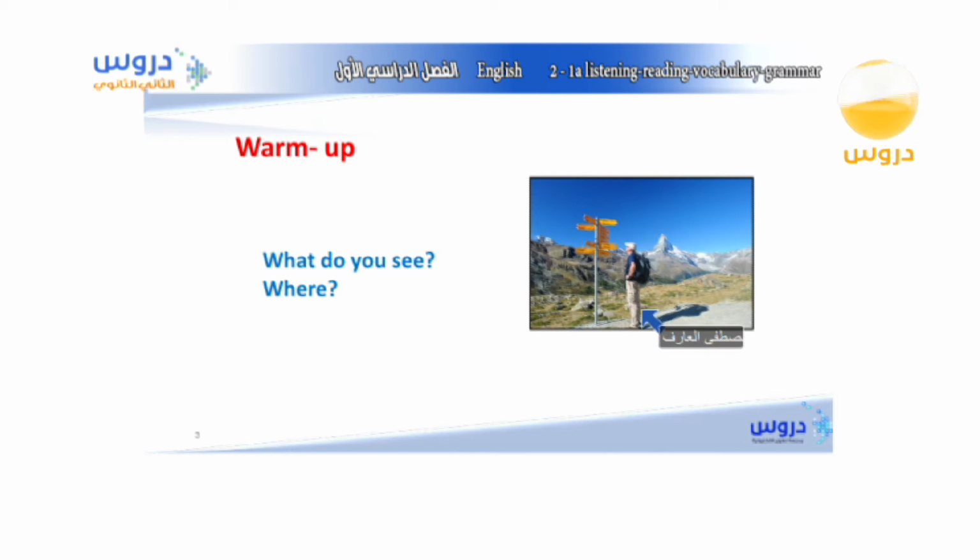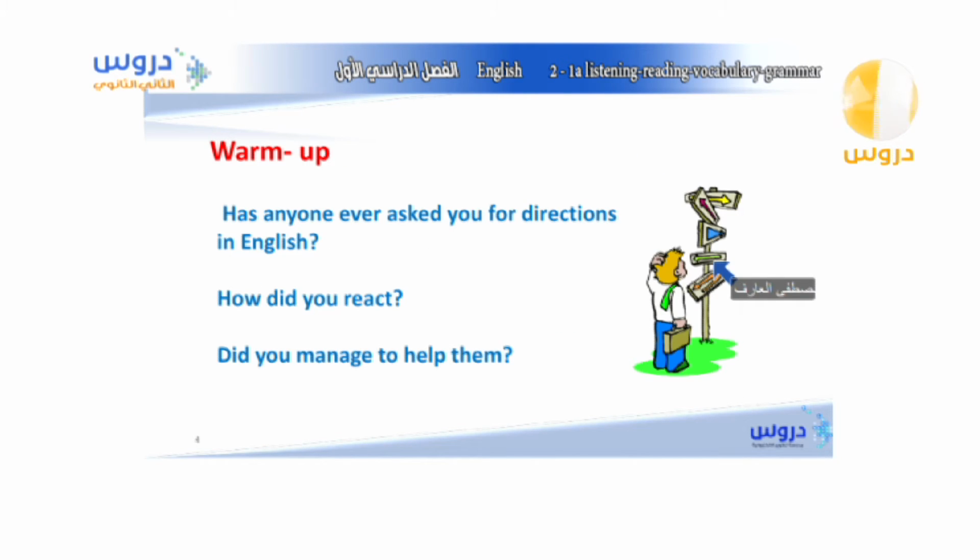And where is it? It seems to be somewhere outside a city, in the suburbs, in a mountainous area where you can see mountains, and maybe there's some snow over there. So this guy is a tourist looking for directions. He wants to know where to go.